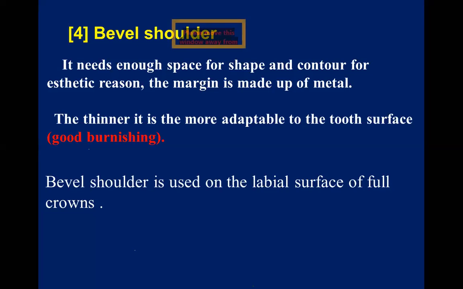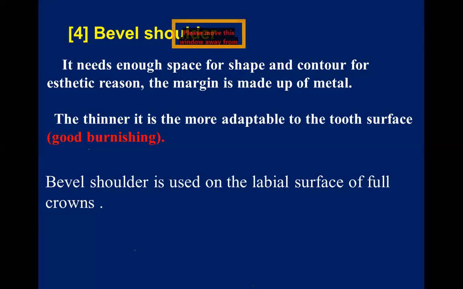So the beveled shoulder finishing line will be only prepared on the labial or buccal surface, while the other surfaces of the crown will be prepared as a chamfer or knife edge finishing lines. It will be more conservative than the all ceramic restoration, because you cannot do any type of finishing line, just a shoulder, when we have all ceramic restoration.